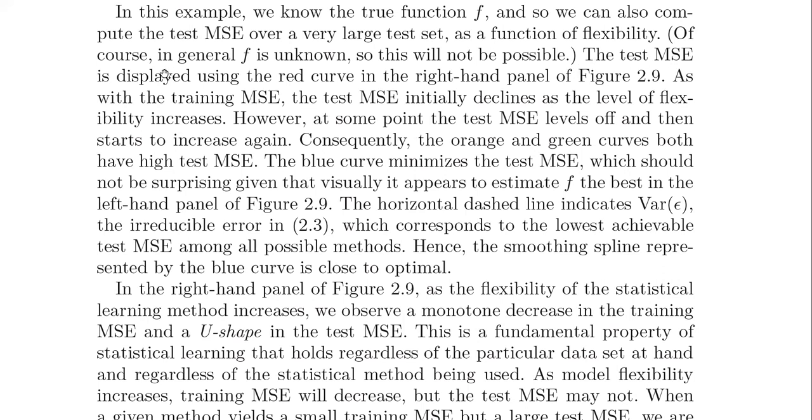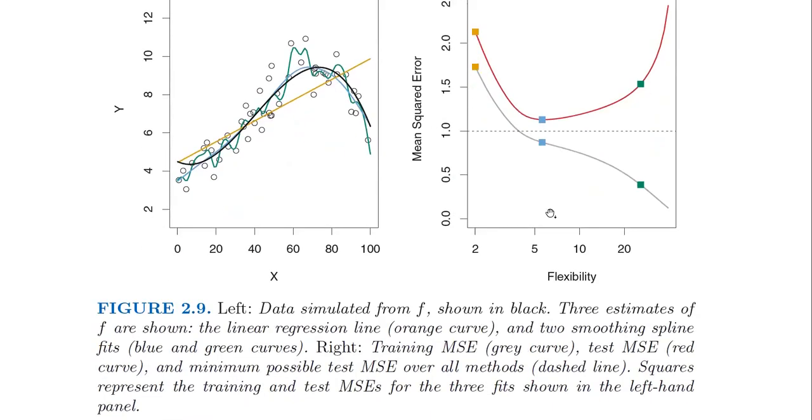The test mean square error is displayed using the red curve in the right-hand panel of figure 2.9. This is what we're referring to. So we're calculating the mean square error for each model twice, once on the training data. And the training data is exactly what we're seeing over here. It's those points that we generated in Excel yesterday, where we were using blue for the points.